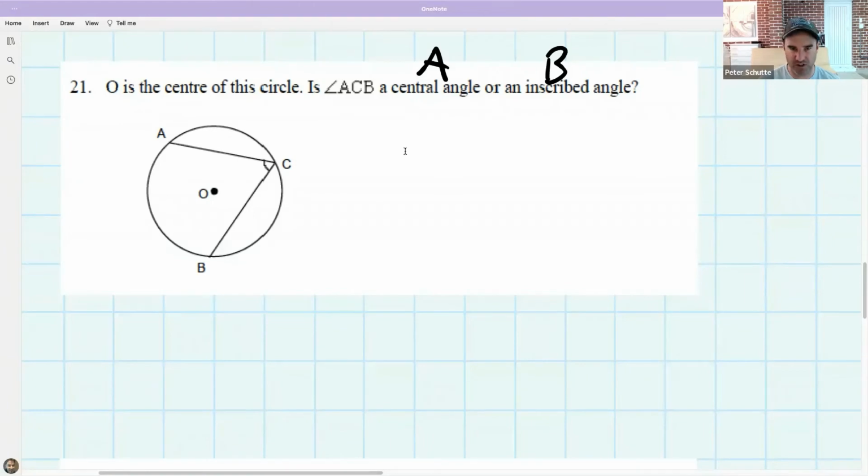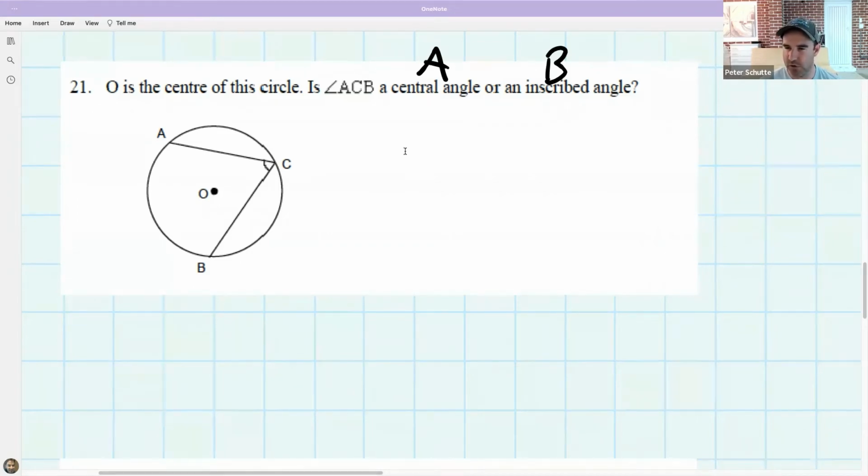Okay, Emikle, good question. What is an inscribed angle? I haven't told you, but I'm just asking you to guess for now, because today is really about introducing yourself to some of these words. A good thing to ask yourself is, what would a central angle look like in a circle? And then if it's not a central angle, what else could it be?